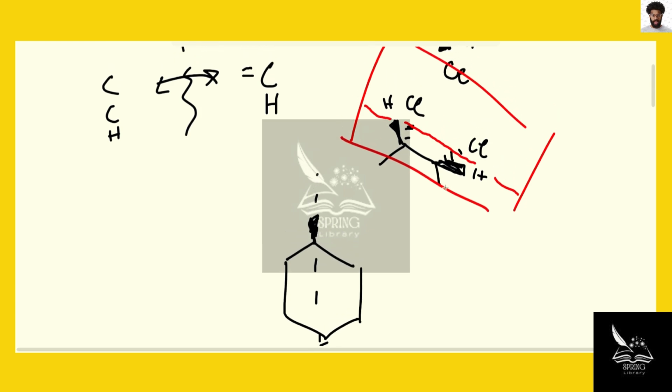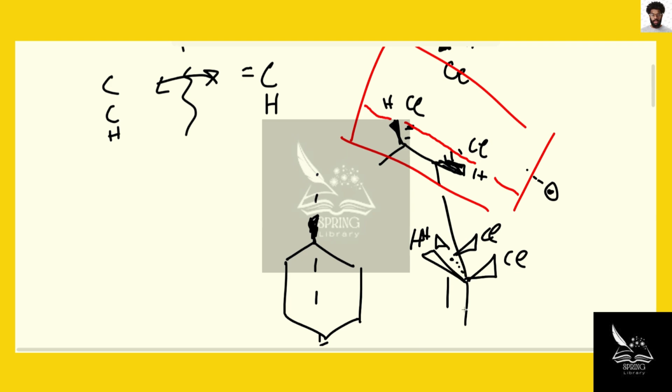If we look down that plane, we're going to end up with a carbon towards us, hydrogen up and to the left, and chlorine up and to the right. And in the back, there's going to be another carbon that looks exactly the same. So down that plane, it's got an internal mirror plane of symmetry. So it's not chiral. So it's just 2 and 3, which is option 2.